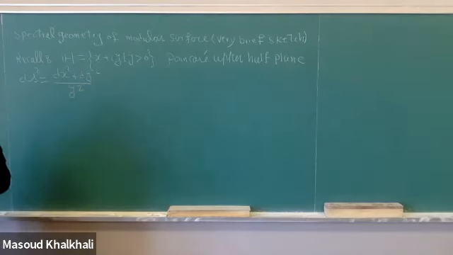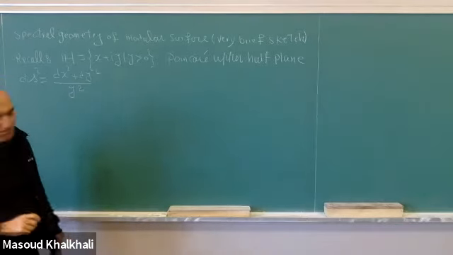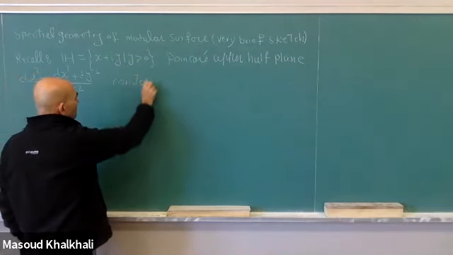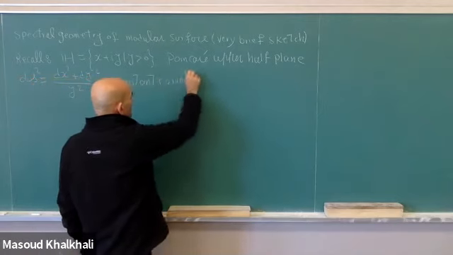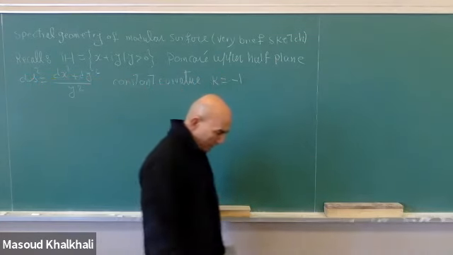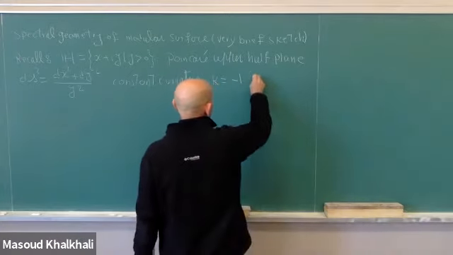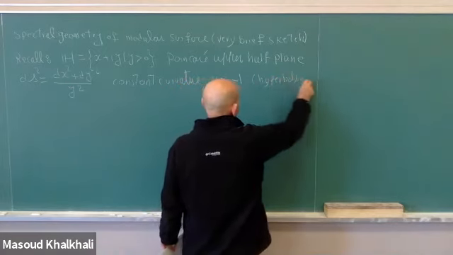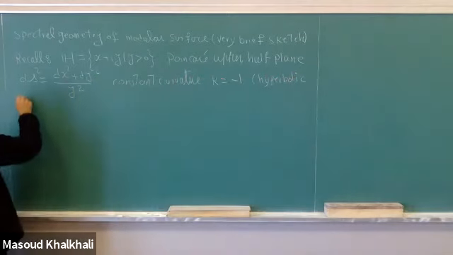This is a metric of constant curvature, and that's very important, curvature equal to -1. This is also known as the hyperbolic plane, because it's the model of non-Euclidean geometry.